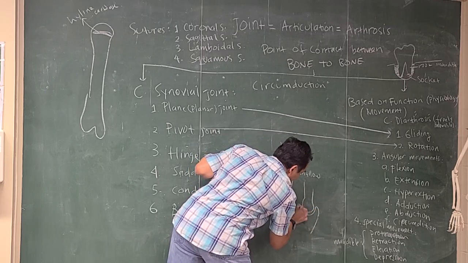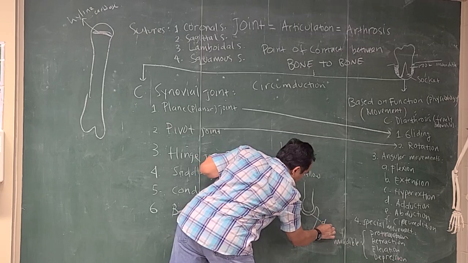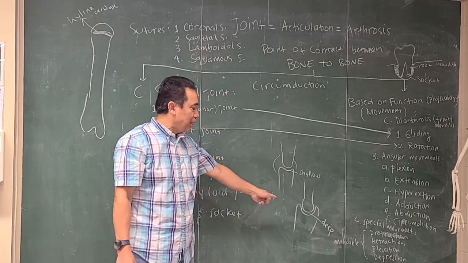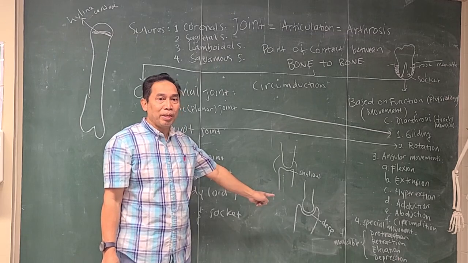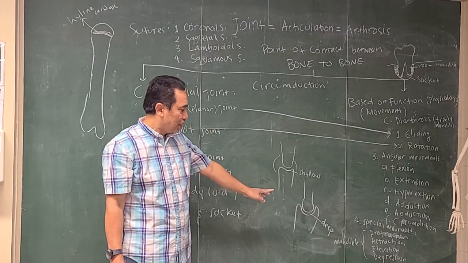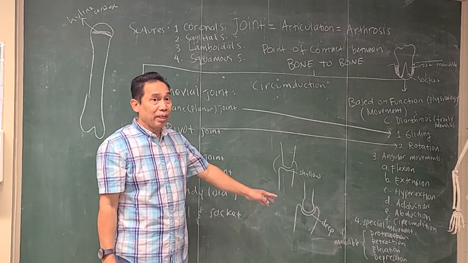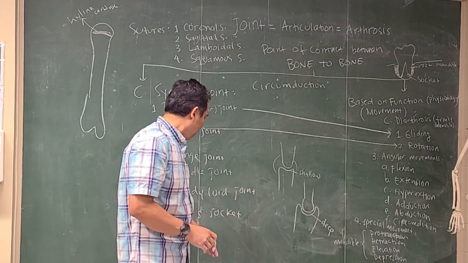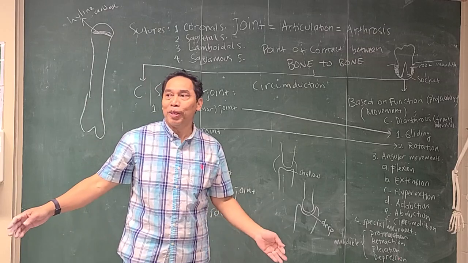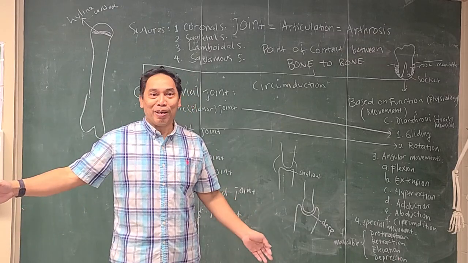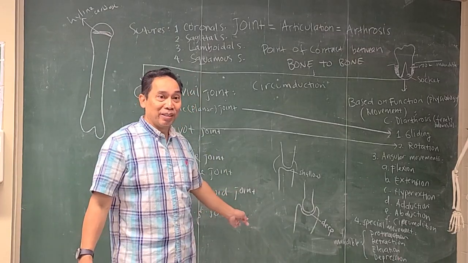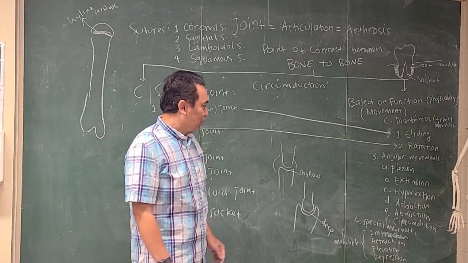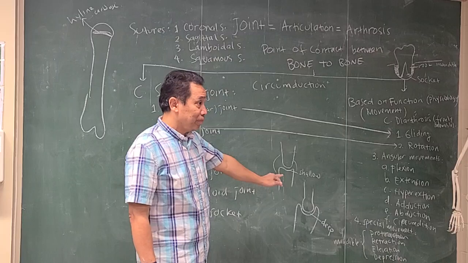You have the ball and the socket is deep. If you compare the condyloid and ball and socket, they are very similar. But for the ball and socket, the socket is really deep. And again, we only have two places, the shoulder and the hip joint, for the ball and socket. A lot of types of movement that you can make with the ball and socket. So many angles, so many movements. You got this one, right?